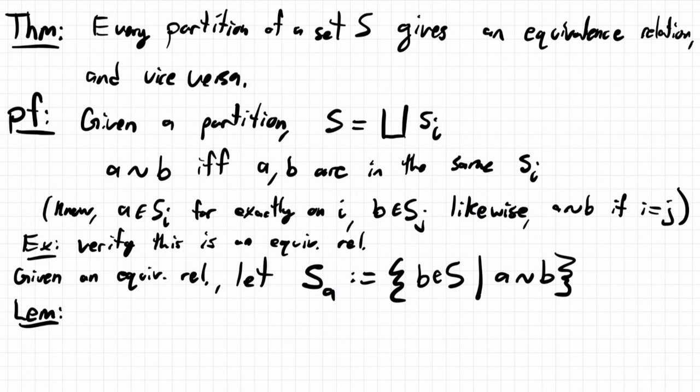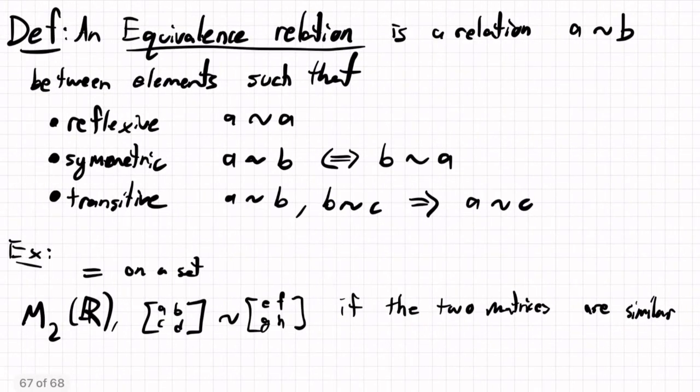The lemma that I'll ask you to prove is: if A is equivalent to B, then S_A equals S_B. You should try to prove this. You'll use the axioms of the equivalence relation to show it.